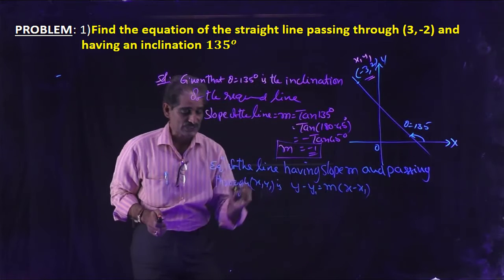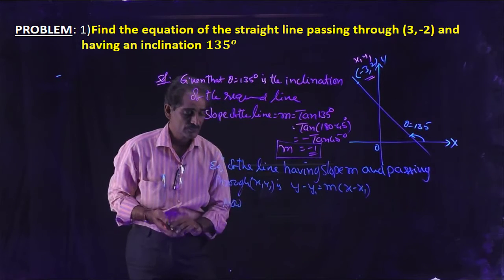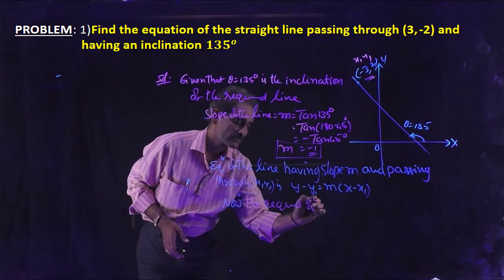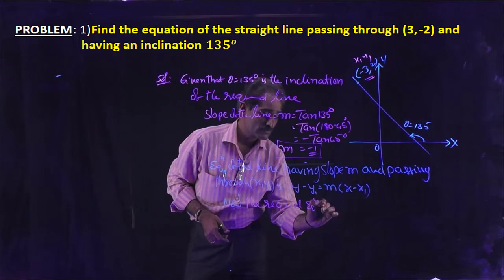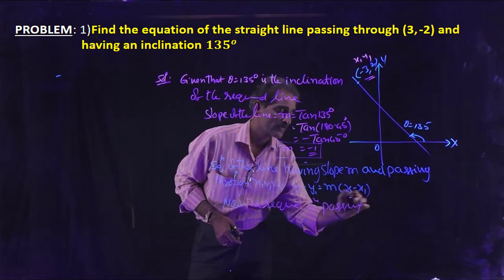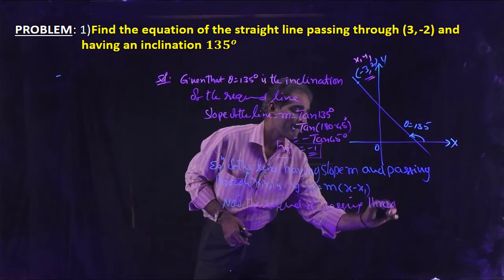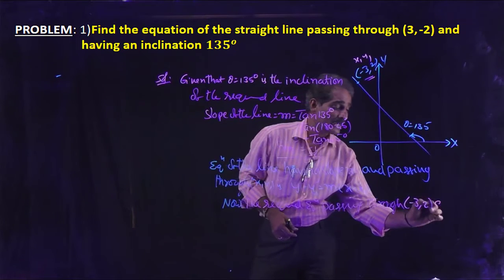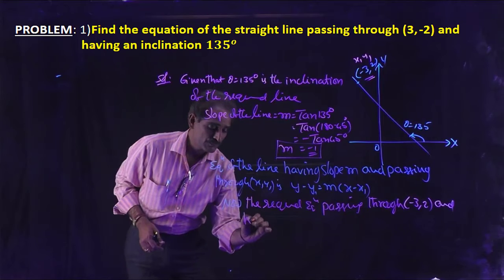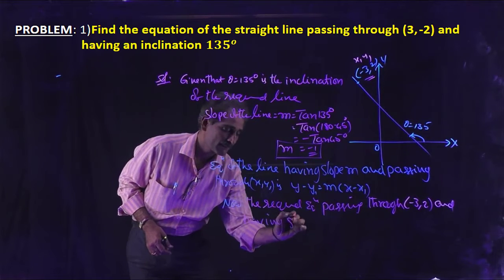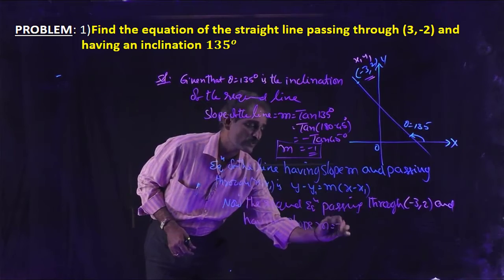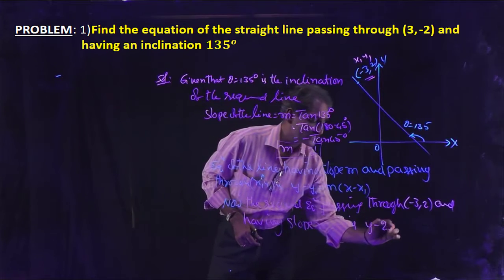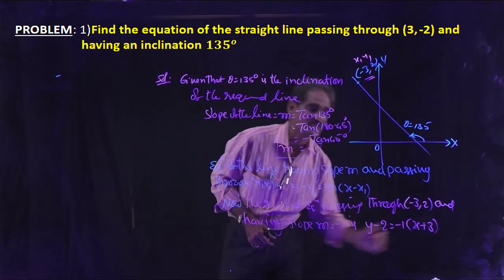Now the required equation of the line passing through minus 3 comma 2 and having slope m equal to minus 1 is y minus 2 is equal to minus 1 into x plus 3.